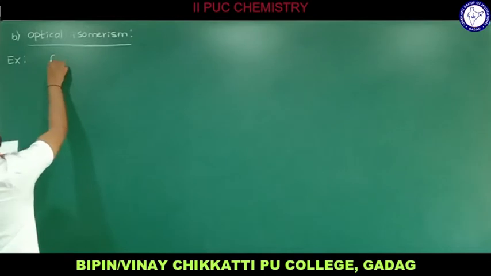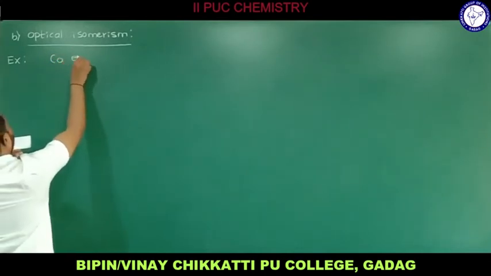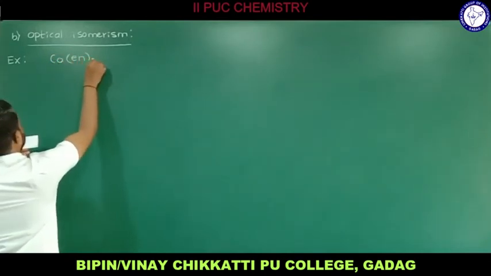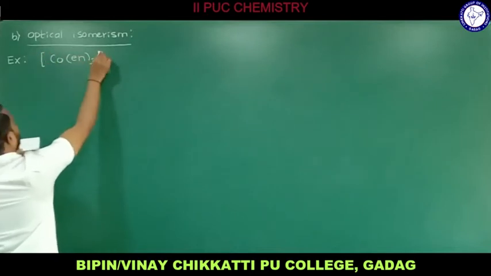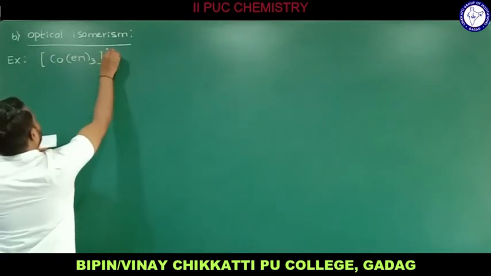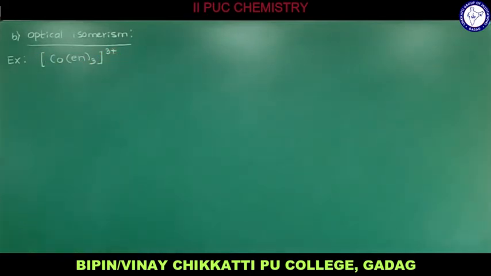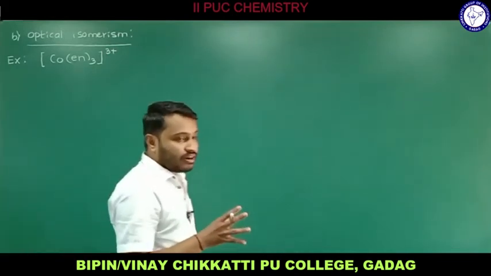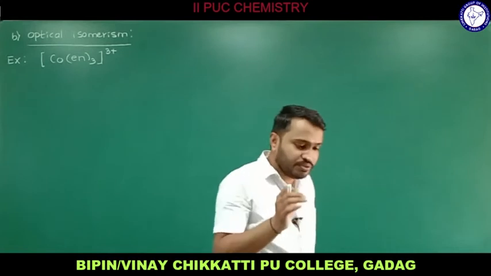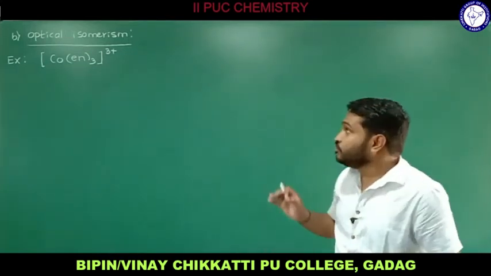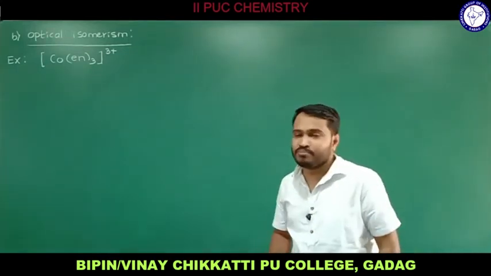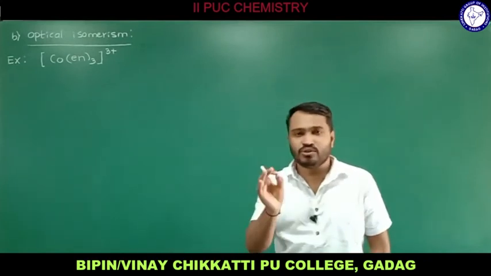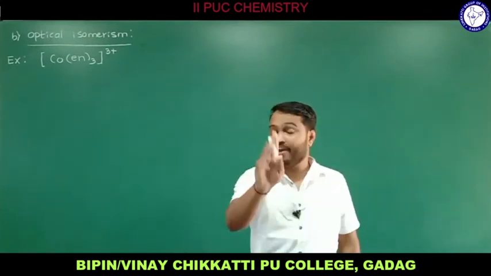The first example I will consider is cobalt with en three times, with charge 3 plus. As I said, a bidentate ligand with octahedral geometry is going to show optical isomerism. The central metal atom is cobalt and en is the bidentate ligand.